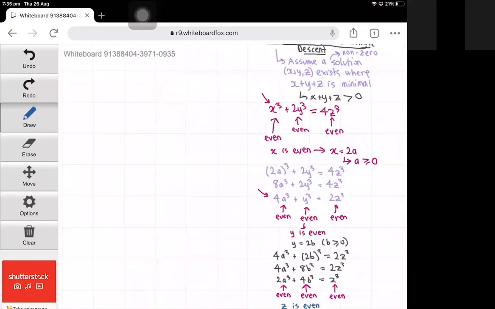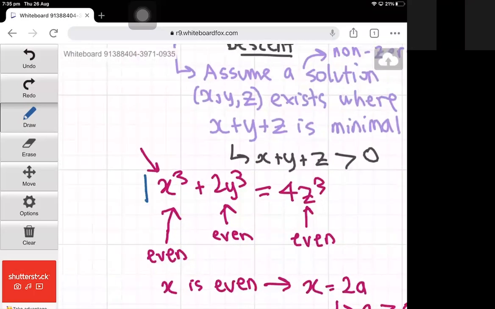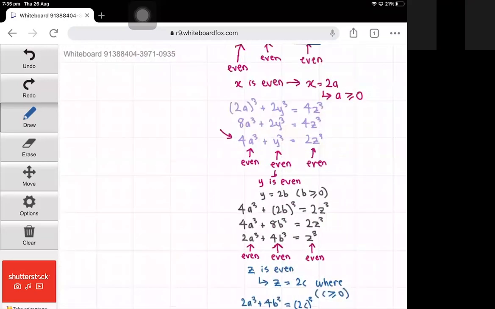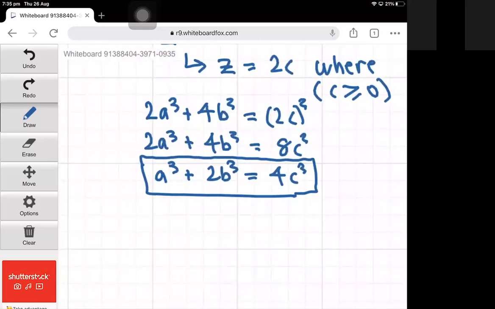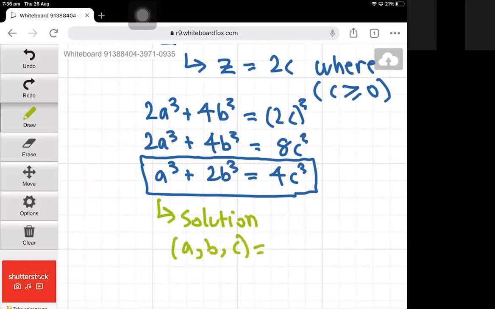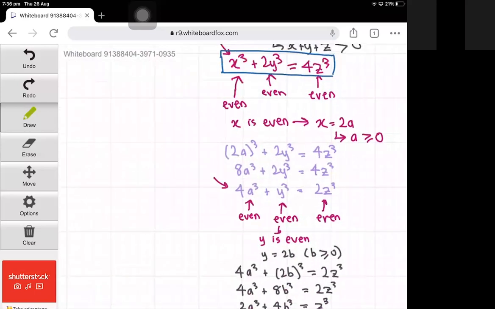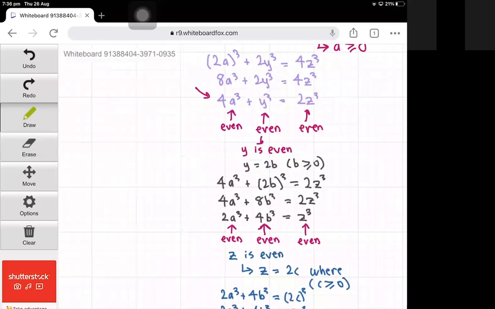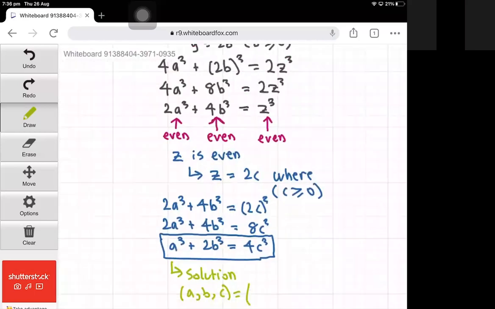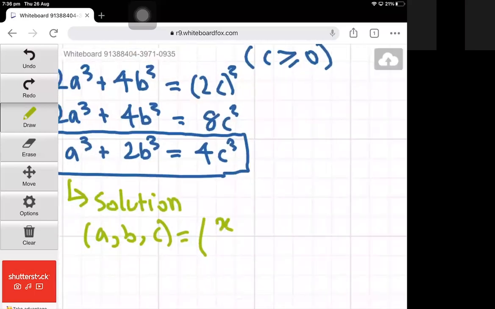This is the exact same as the original equation, except x, y, z is replaced by a, b, c. So we have the solution a, b, c. Remember, since x equals 2a, y equals 2b, and z equals 2c, a, b, c is the same as x over 2, y over 2, and z over 2.